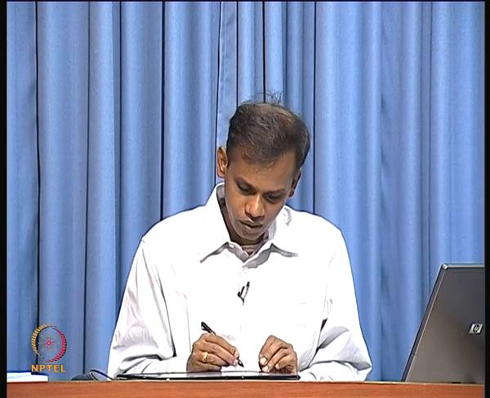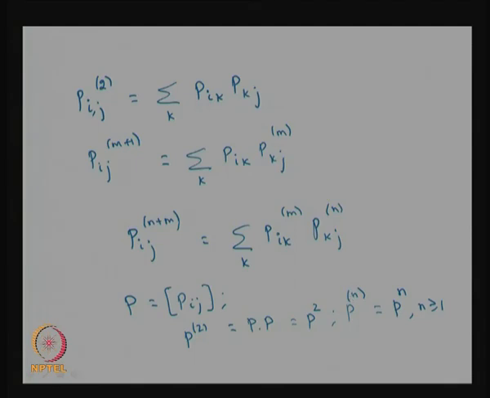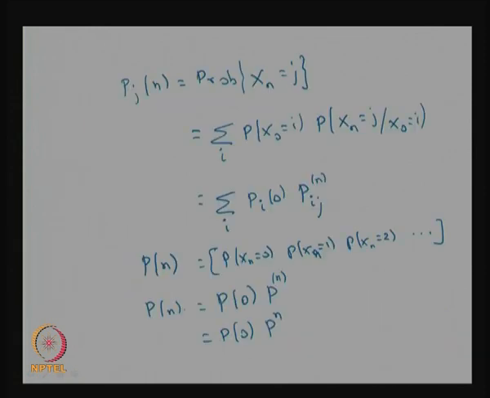In the last slide, we got that P superscript within bracket n, the n step transition probability matrix, is the same as the one step transition probability matrix with the power n. Therefore, this is going to be the distribution of X n in the vector form, same as p 0 multiplied by P power n, where P is the one step transition probability matrix.